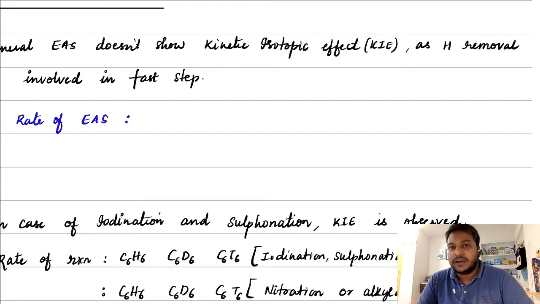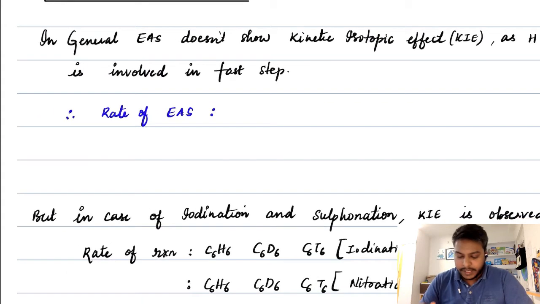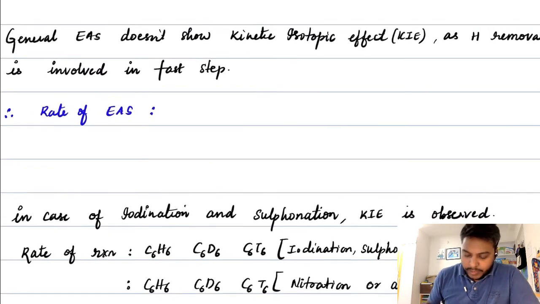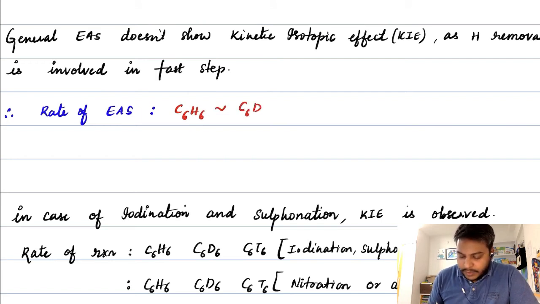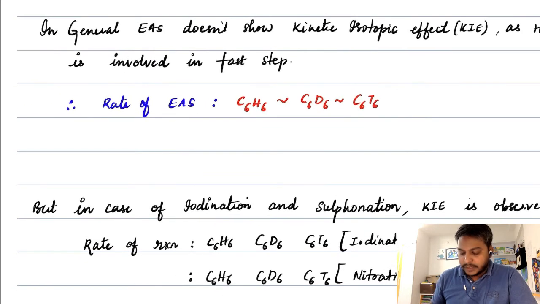So the rate of the reaction, whether you put hydrogen, deuterium or tritium, does not make a lot of difference. The rate of electrophilic aromatic substitution will be the same even if you take benzene with all protiums, or all deuteriums, or all tritiums on it. So the rate of EAS does not change much.